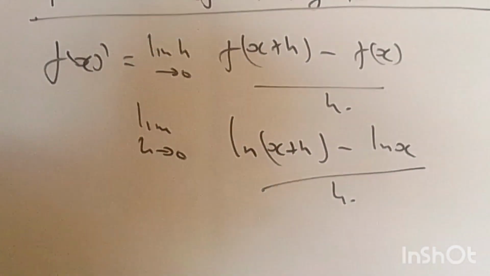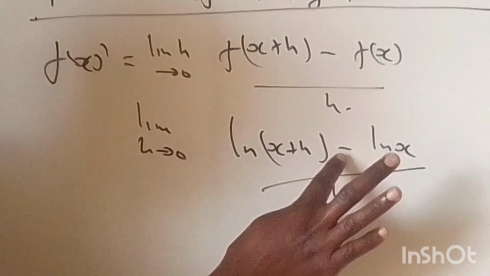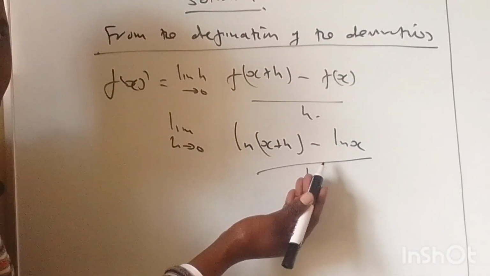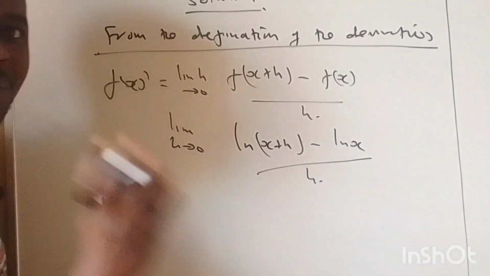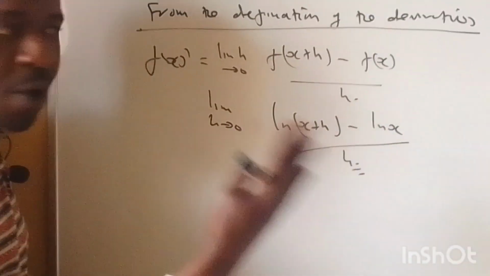So you can see there is something here, and you know the law of logs: when you have the negative there, what can you do to the log? Then you can divide the log. Can you apply that? But before we do that, I can see the h here, I can take it outside.